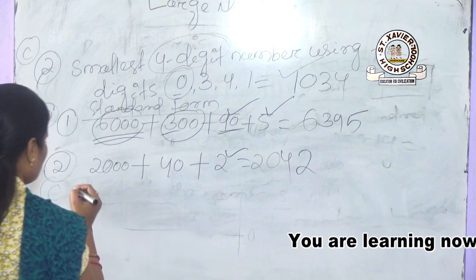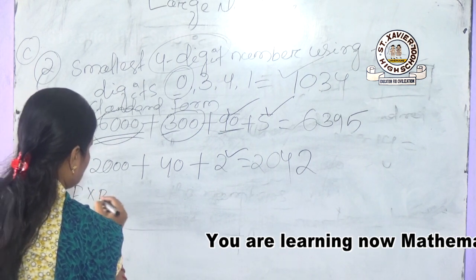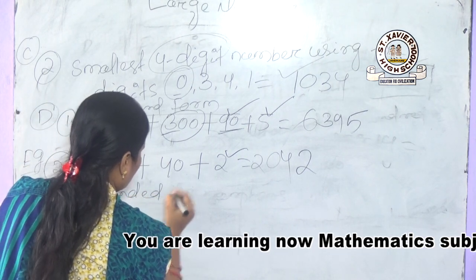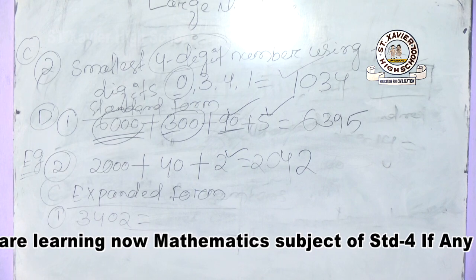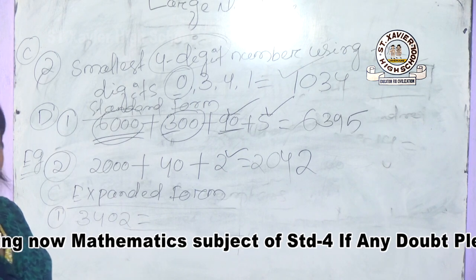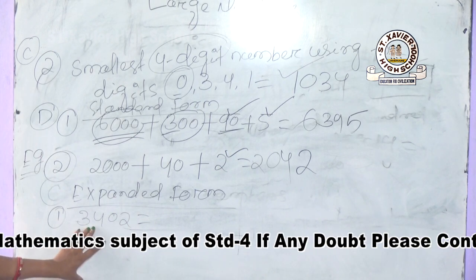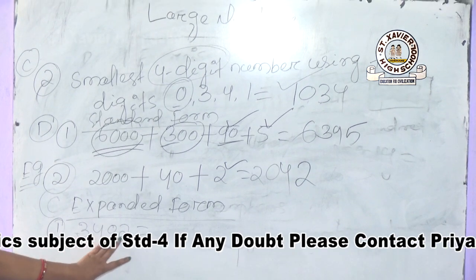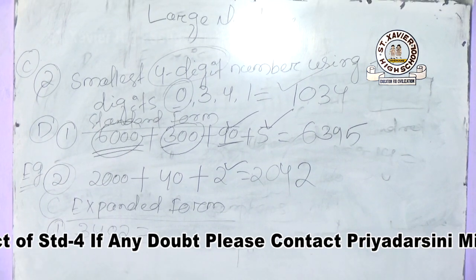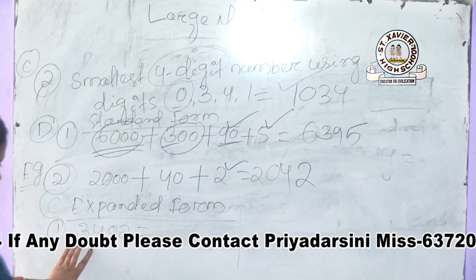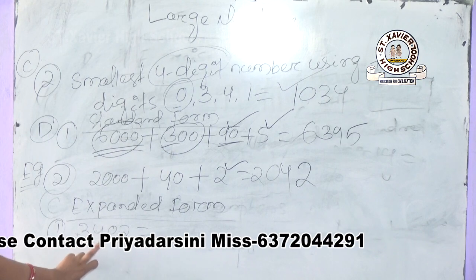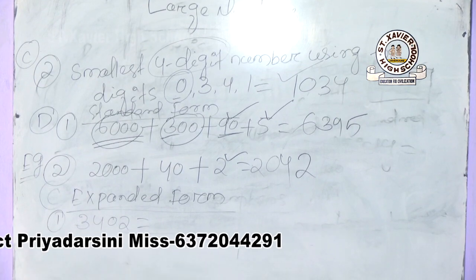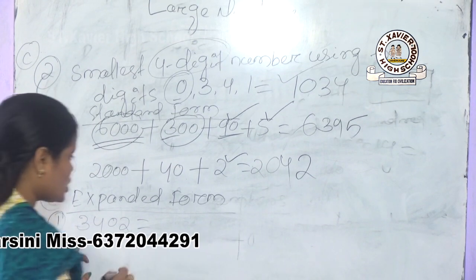Then come to the expanded form. So how can we write a number in expanded form? Take 3402. You have to remember the place value of a number. In 3402, 2 is ones, 0 tens, 4 hundreds.